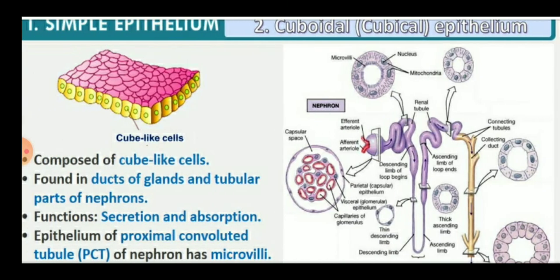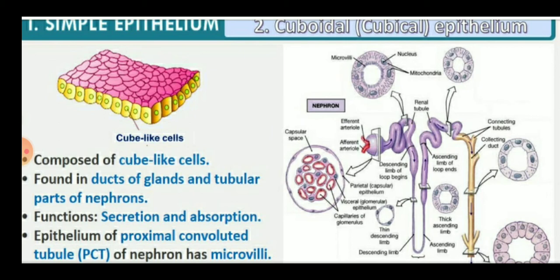The second type is the cuboidal simple epithelial tissue. They are composed of cube-like cells. The shape of the cells is cube-like. They are found in the ducts of the glands and the tubular parts of the nephrons.